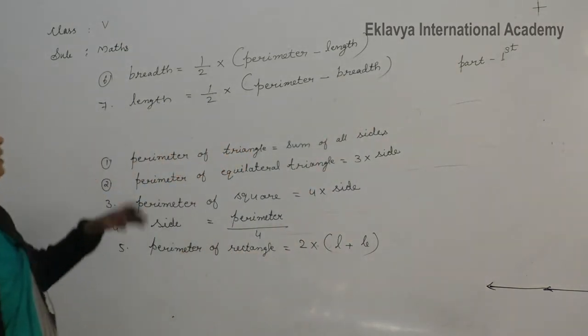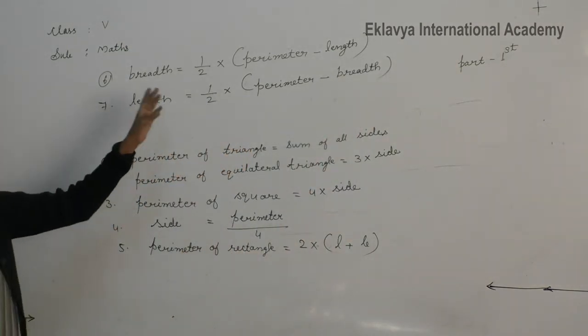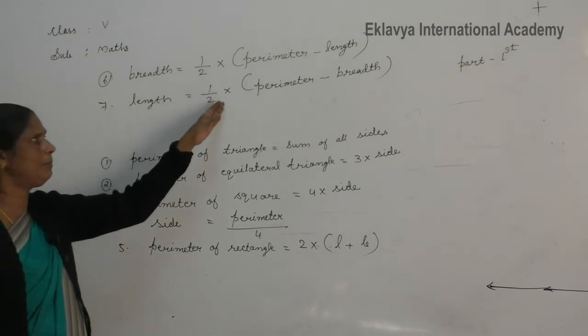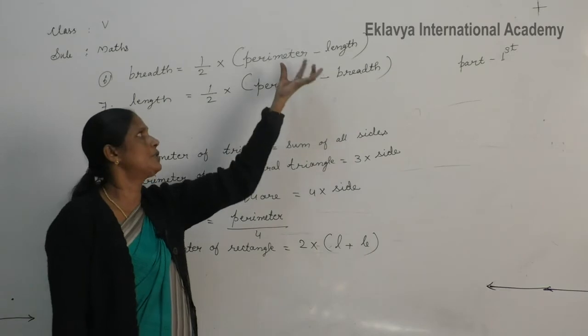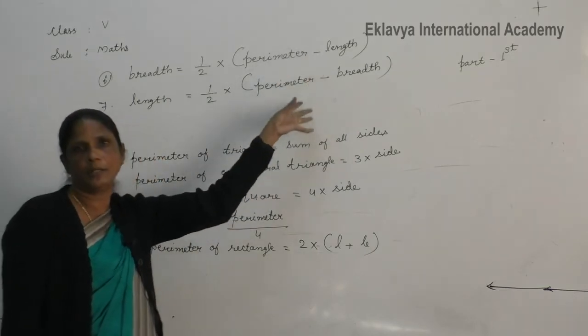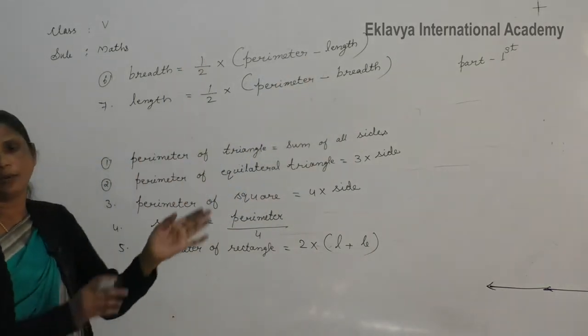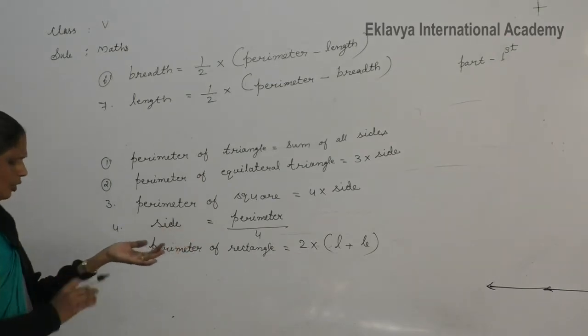First you solve inside the bracket, then you multiply. Okay.